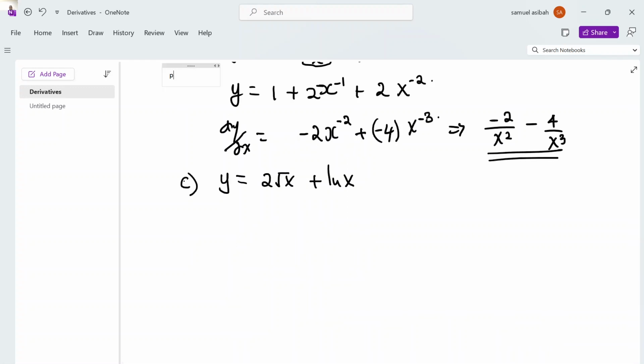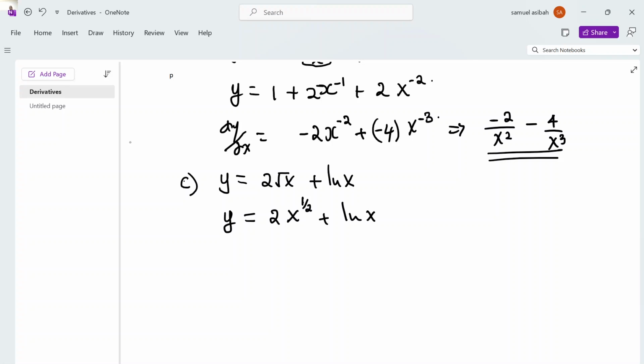So in this part, that is part C, the easiest way for the students to do this kind of question is rewriting them. So we can rewrite the following function as 2 x raised to a half, because it is a root, then plus natural log of x. So then it makes it easier for you to work it out.